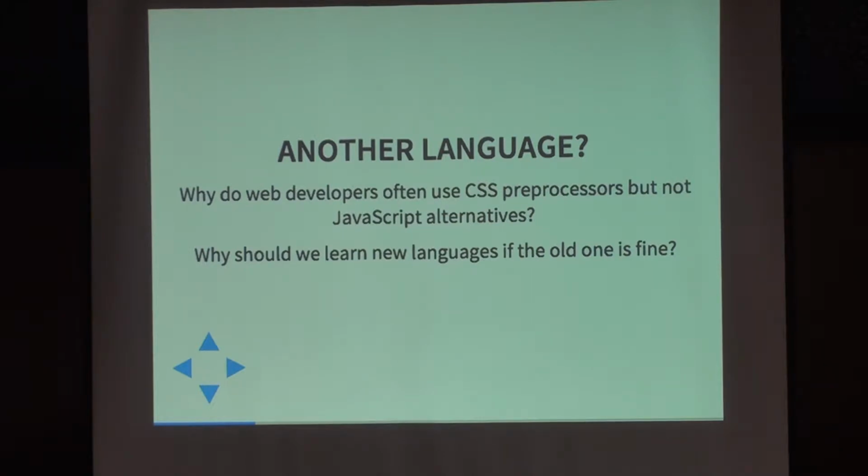But for JavaScript, there is no real alternative, or no method that everybody uses, or there is a big amount of people who use some kind of preprocessor, some kind of other language, if they want to write good or better JavaScript applications.